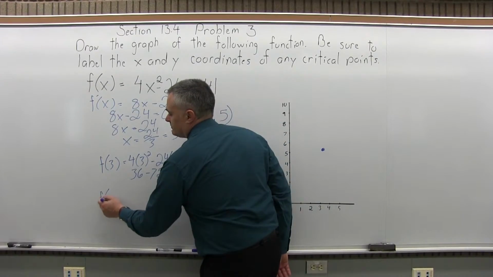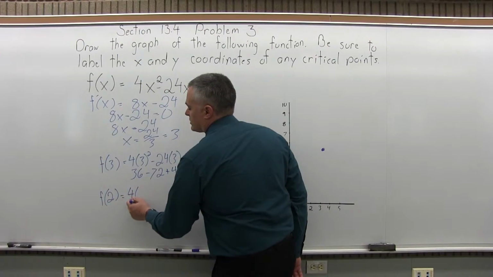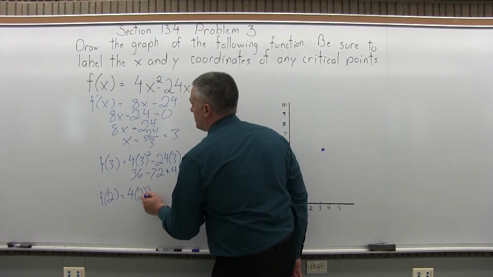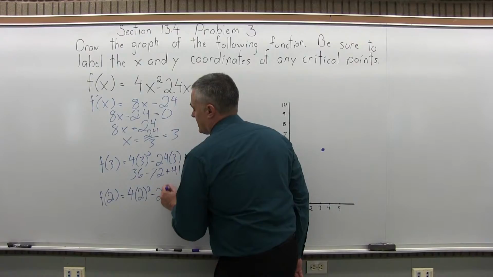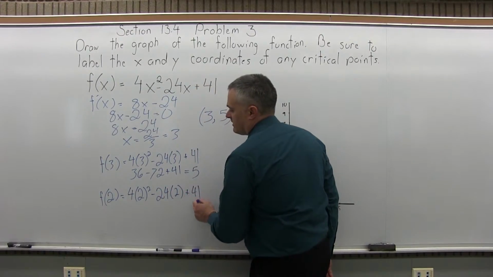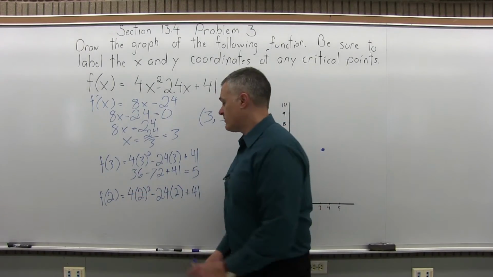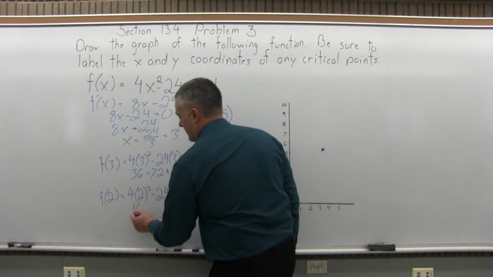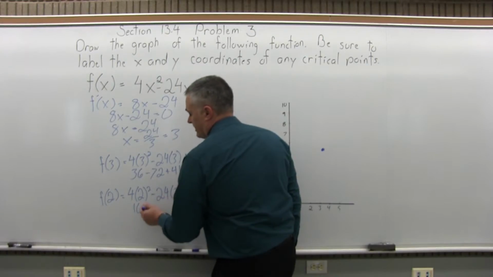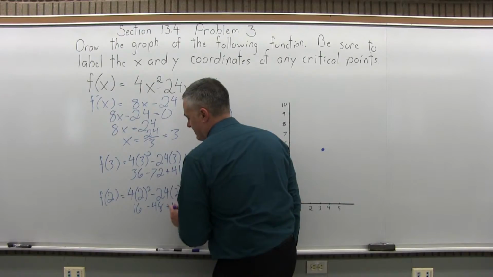So f of 2 equals 4 times x squared becomes 4 times 2 squared minus 24 times x is 24 times 2, and then plus 41 on the end. So 2 squared is 4 times the 4 in front is 16. Then negative 24 times 2 is minus 48, and then I have a 41 on the end.